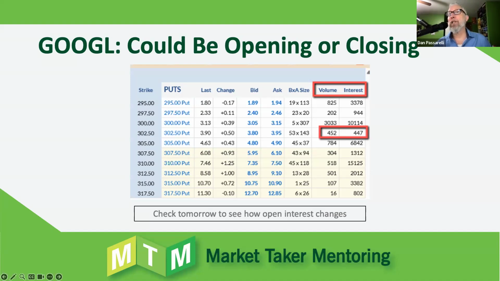If tomorrow open interest is like 900, then we know all of those were opening. And if it's 600, and so on. However much open interest goes up or down is how many of those were opening or closing. If it's opening, open interest goes up. If it's closing, open interest goes down.